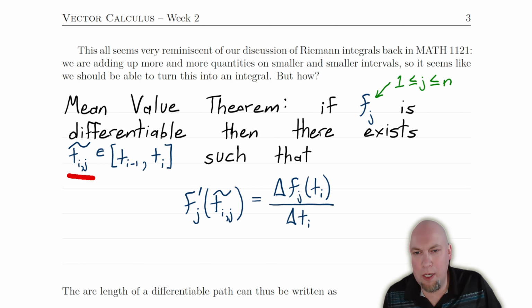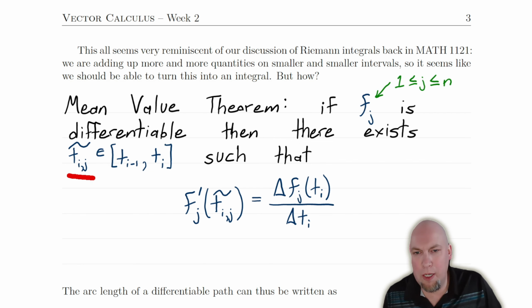I get the change in the output values divided by the change in the input values. In other words, I get fj of ti minus fj of ti minus 1, divided by ti minus ti minus 1. That's what these deltas mean. It just means the change over the interval.